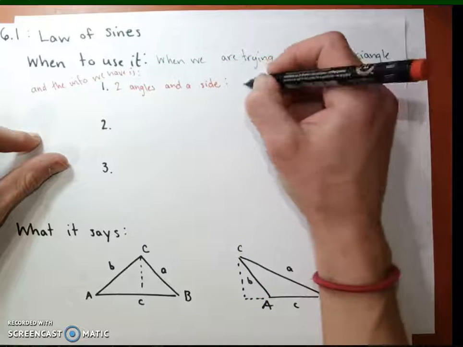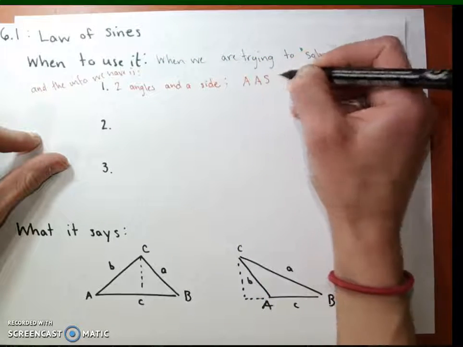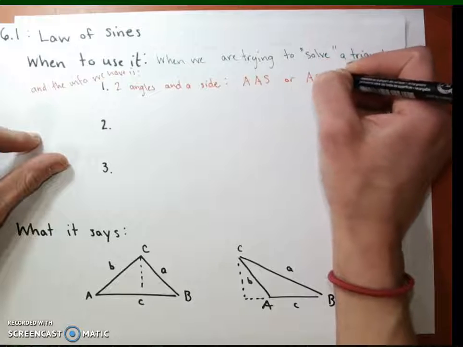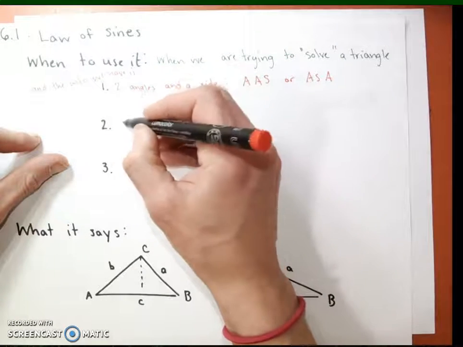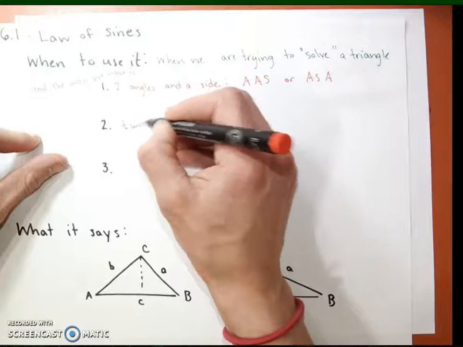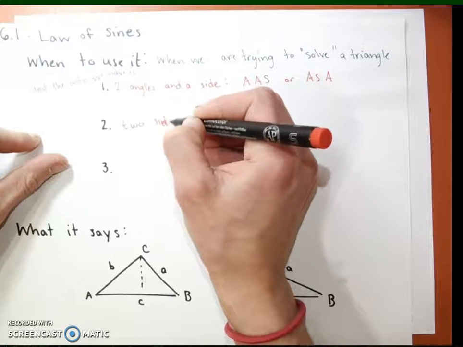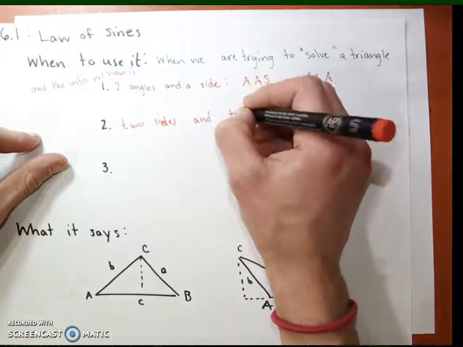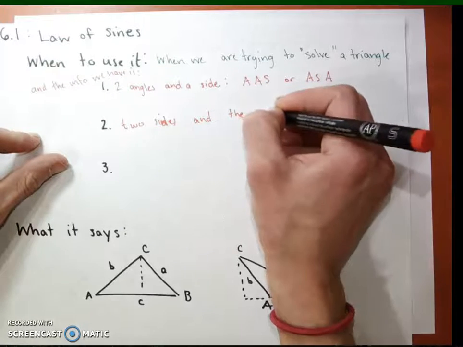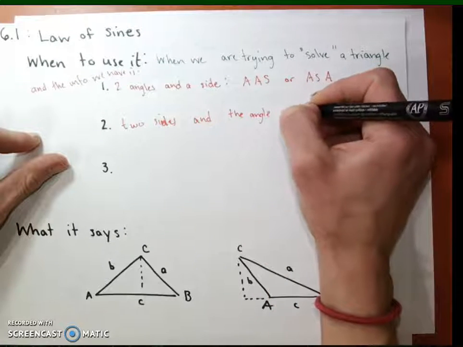So we can do it if we have angle, angle, side, or angle, side, angle. And we can also do it if we have two sides and the angle opposite them.